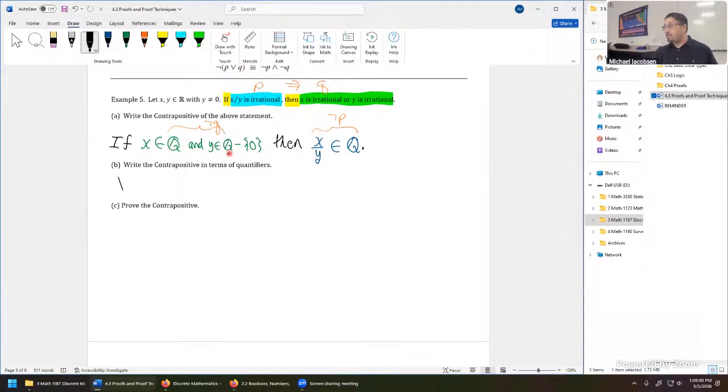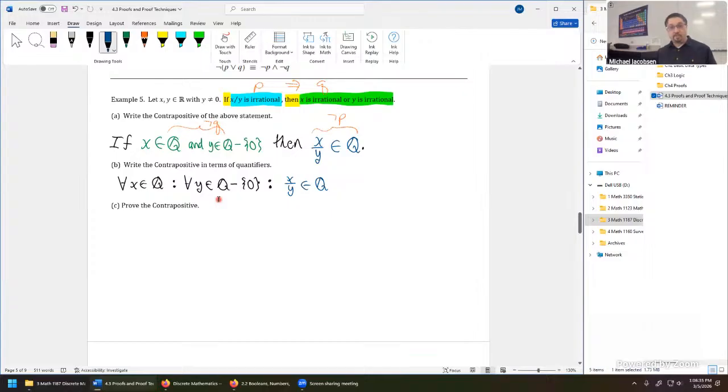So we'll say, to start out, for all x in Q, we're saying it's a fraction, essentially, a rational number. For all y in Q, so also a fraction, but not 0, we want to show this statement, x divided by y is in Q. So that's our full statement we want to prove, same as the one above, but now just a different view.